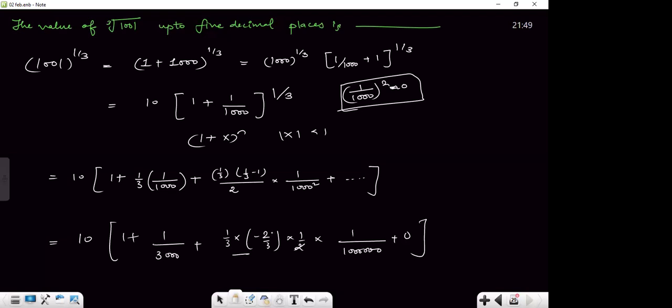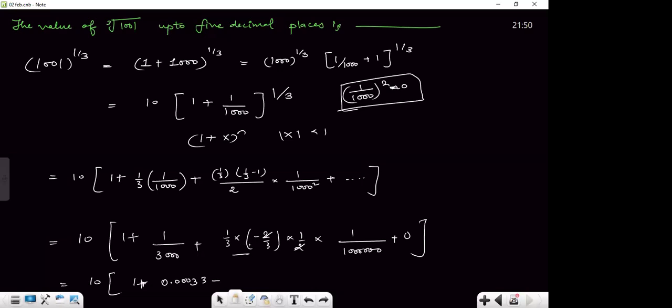So 2 cancels 2 here, and this becomes 10 into 1 plus, first of all, 1 by 3000 is 0.000333. Then minus, there is a minus sign here. This is actually 1 by 9 and then something.